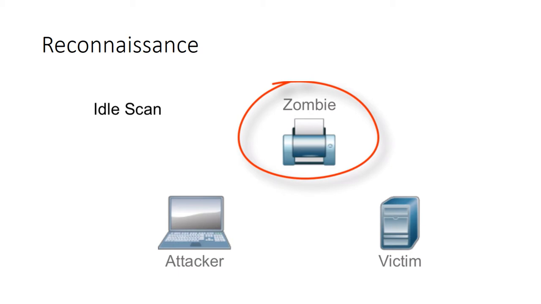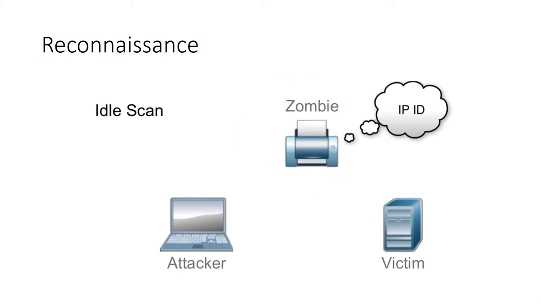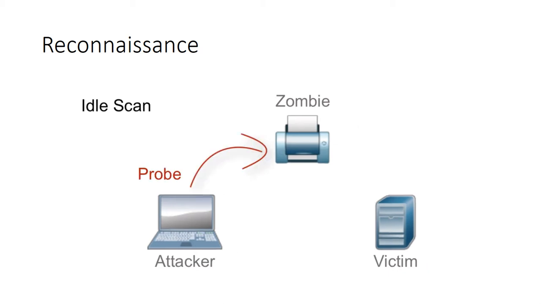The idle scan starts by determining the current IP ID on the zombie's TCP/IP stack. The IP host assigns an IP ID to every packet that it sends, and increments the ID by 1 for each successive packet. So, to determine the current IP ID, the attacker sends a probe to the zombie.